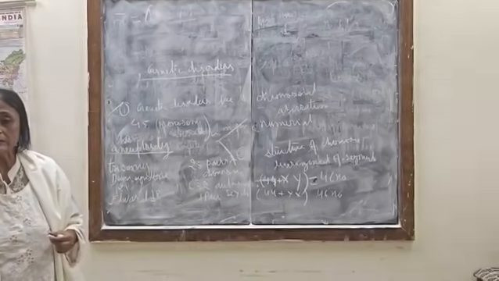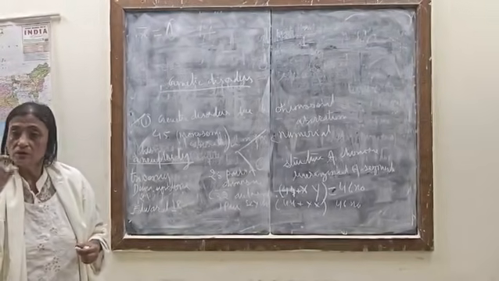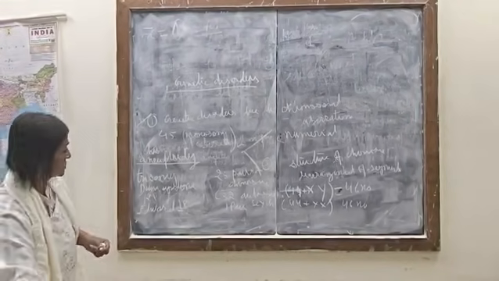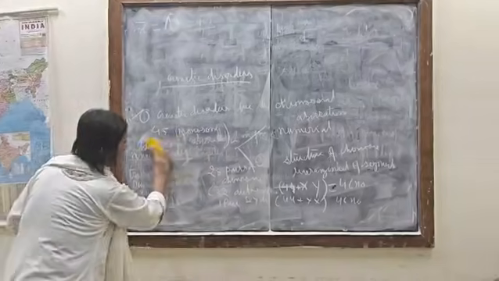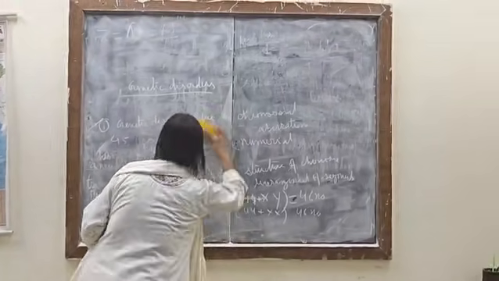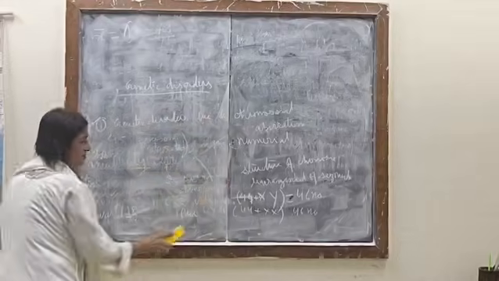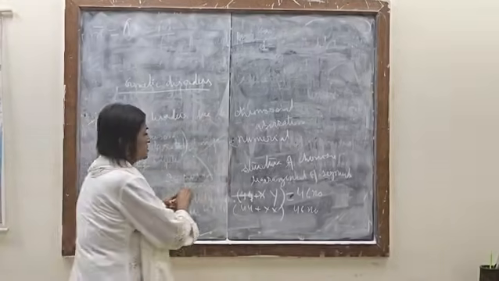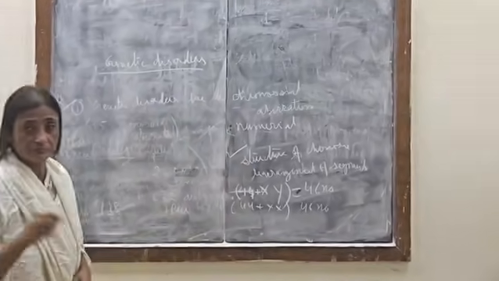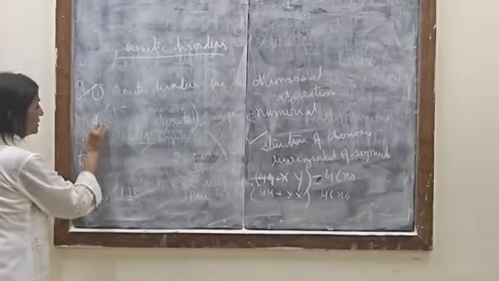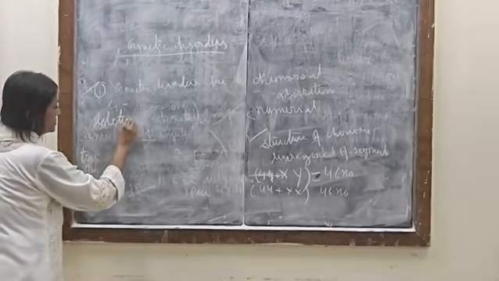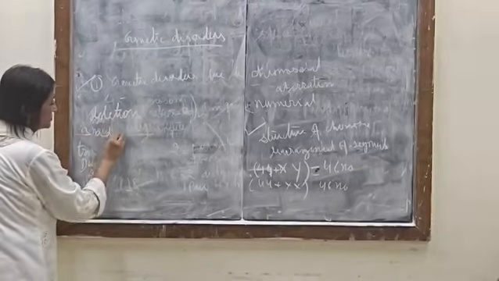Now, coming to chromosomal abnormalities due to the structure or rearrangement of the chromosomes. In this, the conditions are deletion and addition.